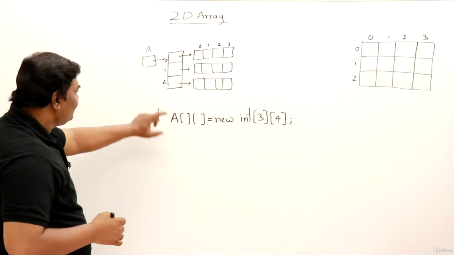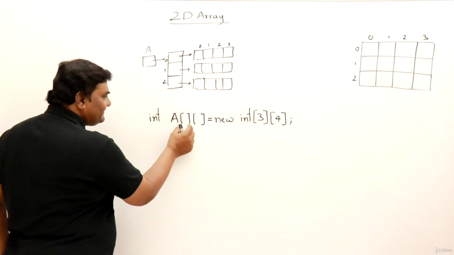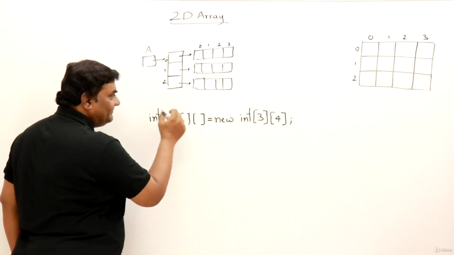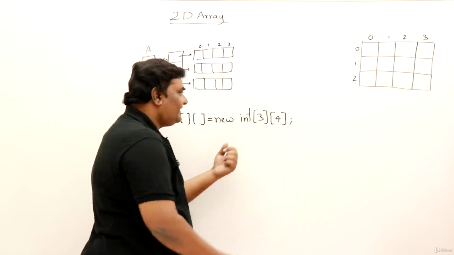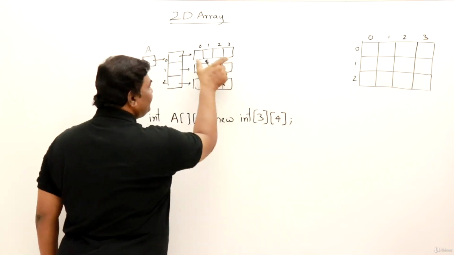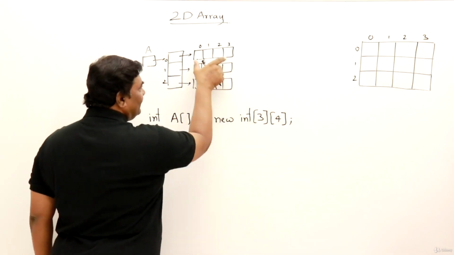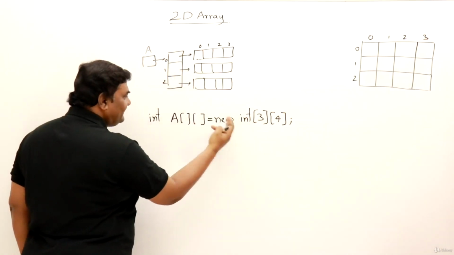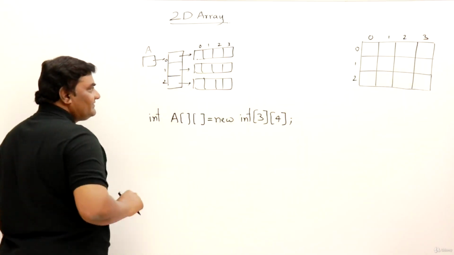Here, this is A, this is the array of references, and this is the array of elements. If you read it from the right side, this is an array of elements, each of size 4. How many are there? Three. These three are referred to by A, so A is a reference.